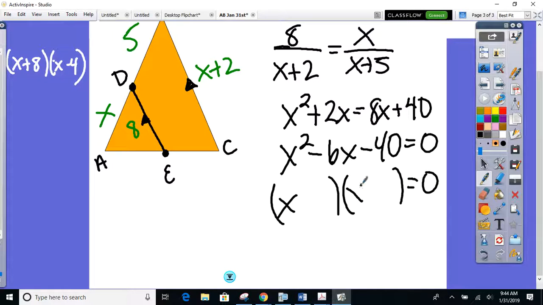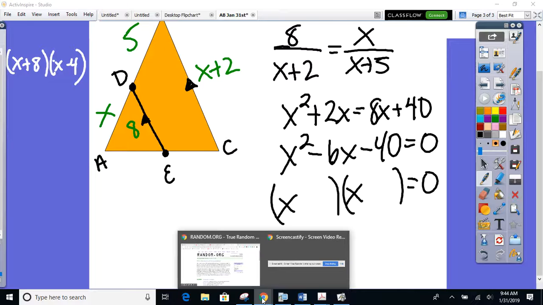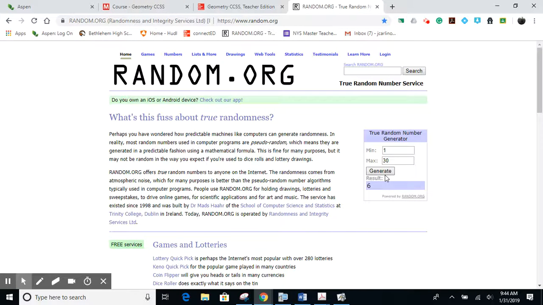Two numbers that multiply to this and add to this. Six. Were you a factor or a quadratic one? Quadratic. Okay, I'll get back to you.